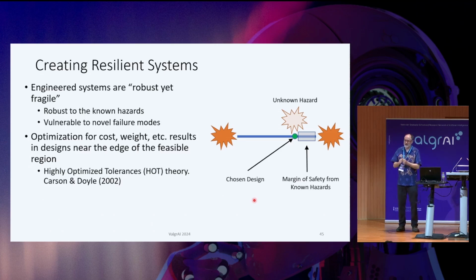And these systems, again, are extremely highly optimized. They have put all kinds of careful engineering into them with redundancies and so on, and they still fail, and fail catastrophically. And it's because there was some novel combination of things that occurred that was an unknown hazard, and the systems are fragile with respect to those.